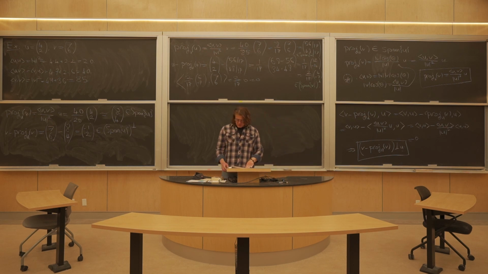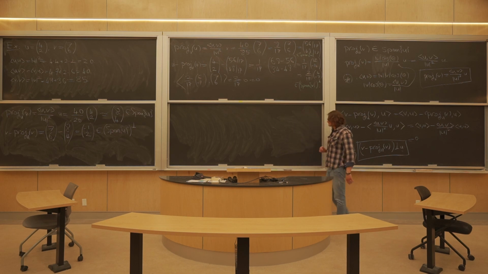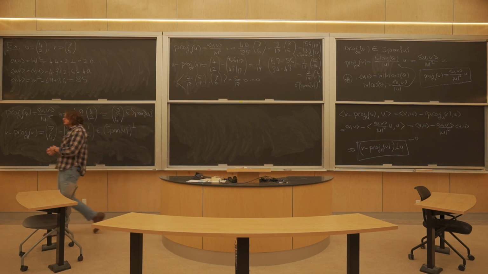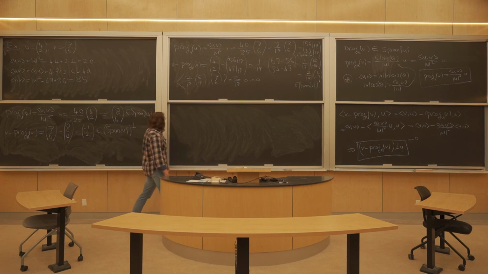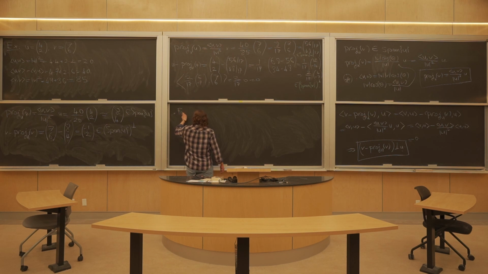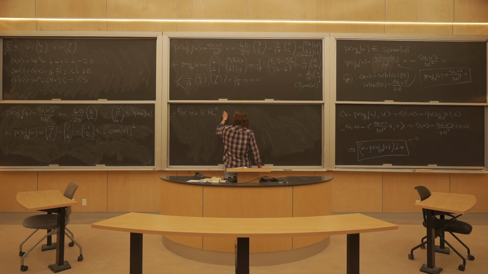Okay. Let's see. So here's an interesting thing. This orthogonal projection, this idea of orthogonal projection, is also the solution of a certain optimization problem. Okay? So this is the beginning of the so-called least squares approximations. So here's the idea. Let's say U is non-zero.